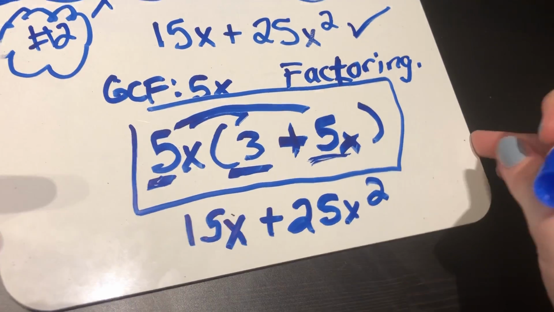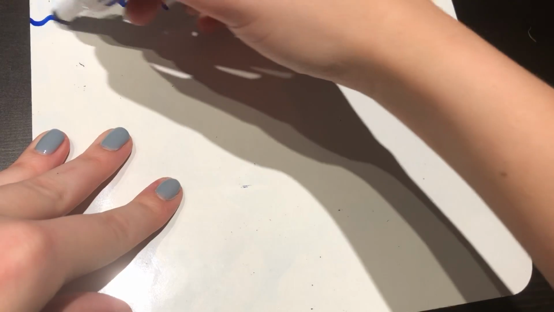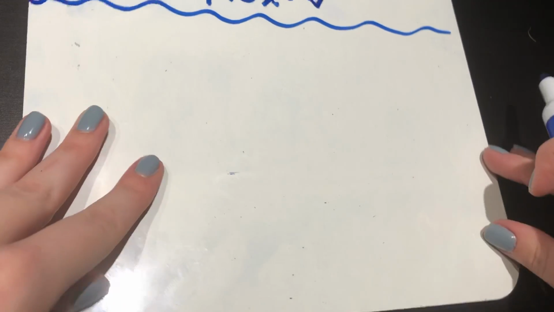Okay, I'm going to show one more example, and it's a little bit more of an advanced example here. All right, so my last example is going to be more of a tough one.